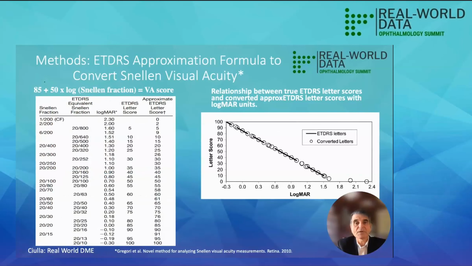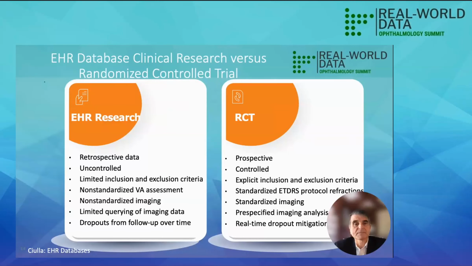The formula shown here was used to convert Snellen visual acuity into an ETDRS approximation, but this obviously can't compare to a standardized ETDRS protocol refraction. Finally, I want to point out that clinical research using EHR databases has multiple limitations.